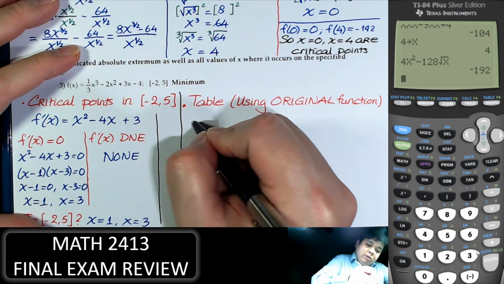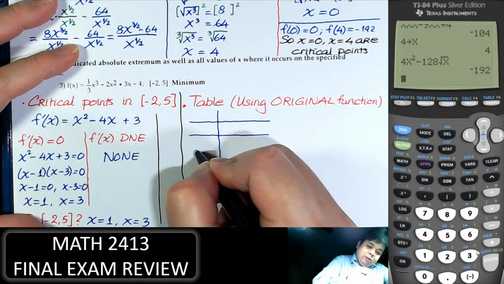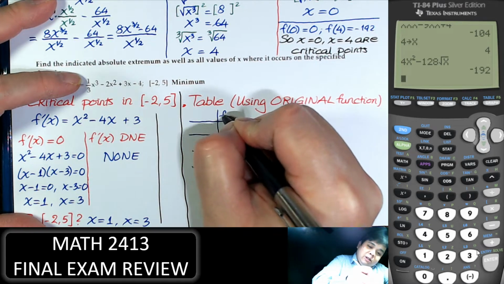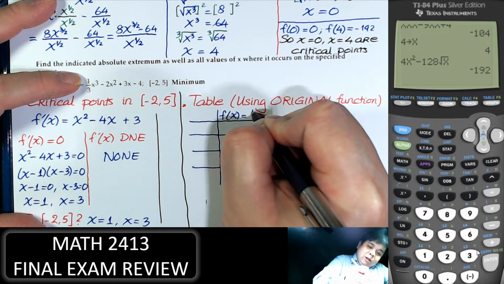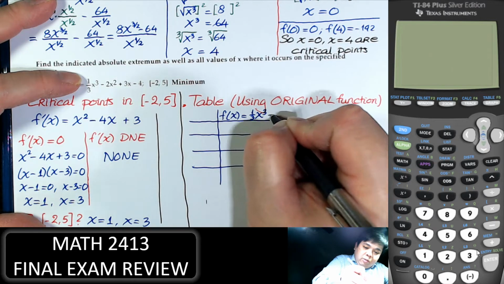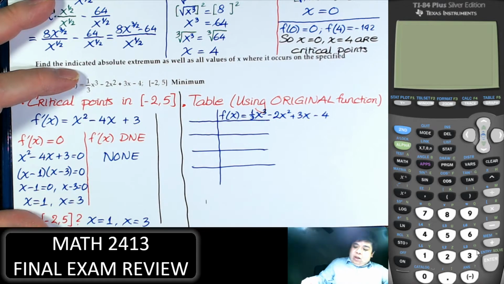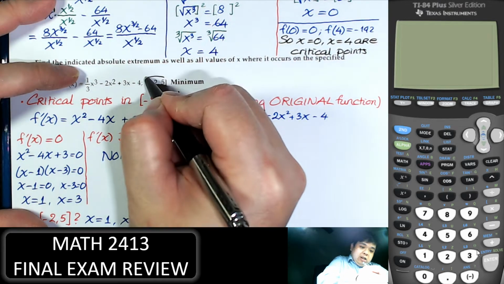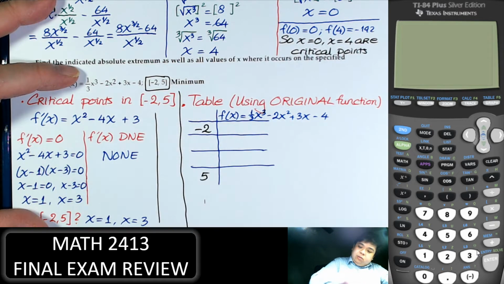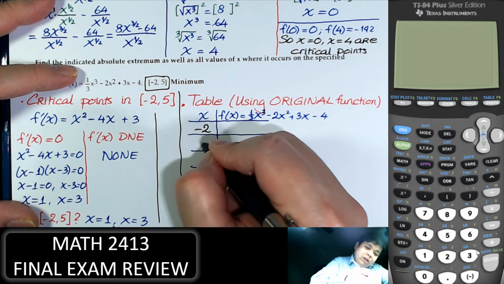So we'll make a table. The original function is 1/3 x cubed minus 2x squared plus 3x minus 4. We are given the interval of -2 and 5. The points in between are 1 and 3.